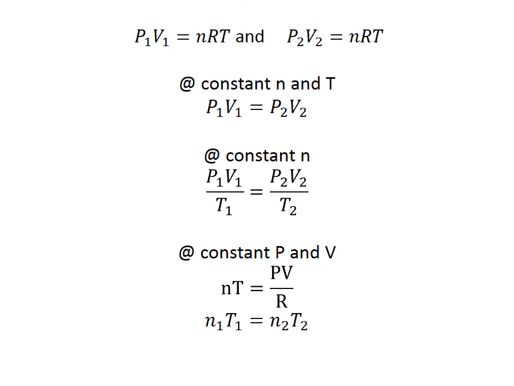Now, if you're not given a change, so you're given pressure, volume, temperature, and asked to calculate number of moles, then you know you're going to use PV is equal to nRT. So you just have to look at what you're given in the equation, and refer back to your gas laws, whether it's your ideal gas law, Charles's, Boyle's, Avogadro's, or Gay-Lussac's. Just look at the variables you have in these equations compared to what you're given. So it is important that you know the variables involved in these gas laws, and that you understand these gas laws.